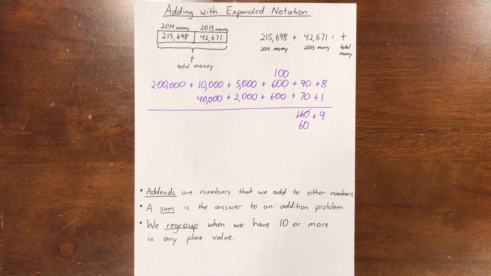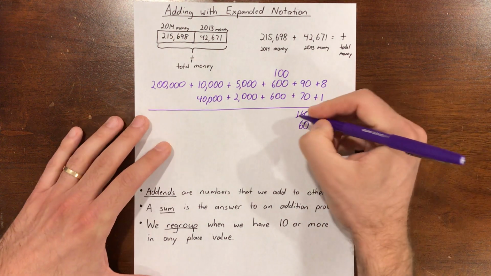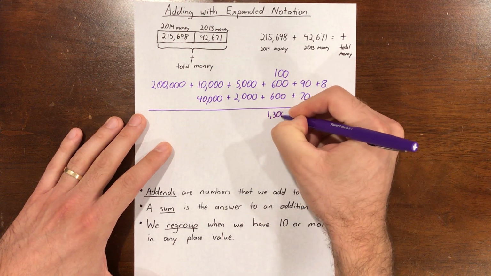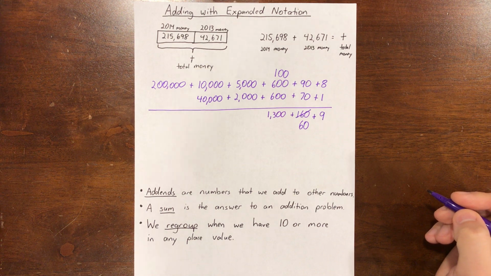Awesome. All right, let's go ahead and add up our hundreds. 100 plus 600 plus 600, that is 1,300. But wait, again, I'm in the hundreds place, not the thousands. What do I need to do?